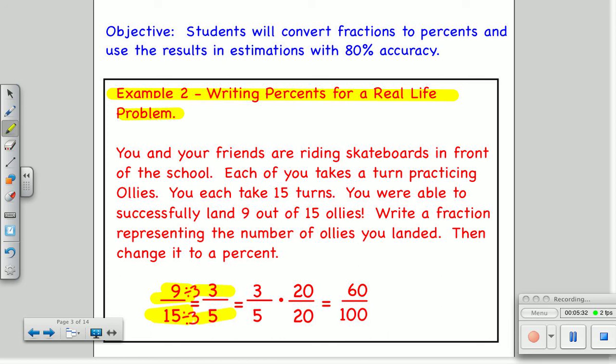Now what can I multiply by 5 to get 100? Well, I can multiply by 20. So if I multiply the denominator by 20, I have to also multiply the numerator by 20. So 3 times 20 is 60. What percent is that? You landed successfully 60% of the ollies you tried.